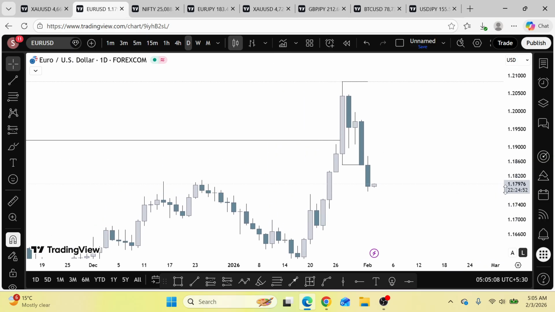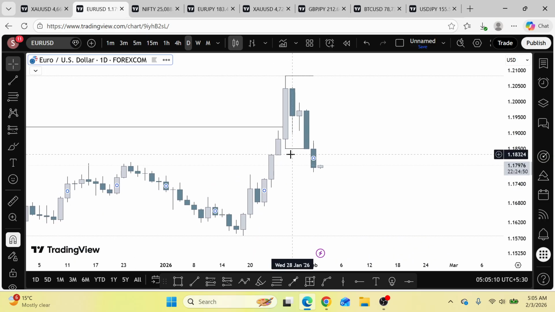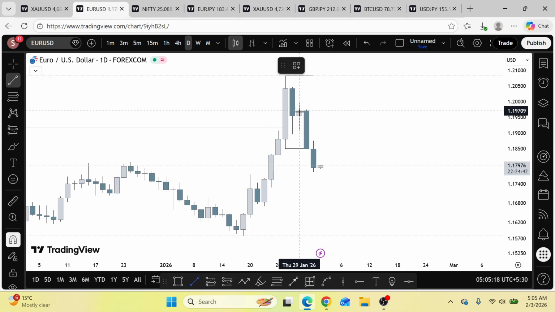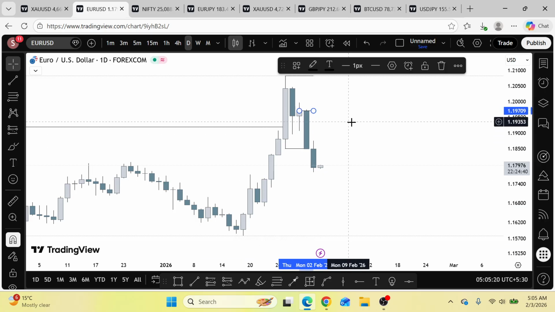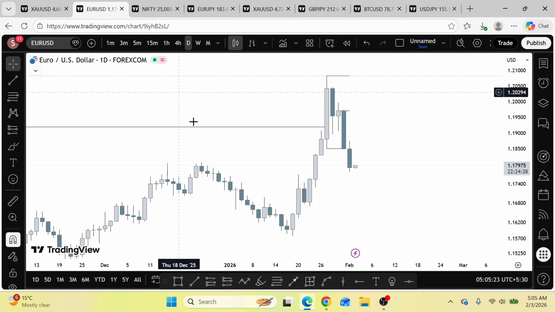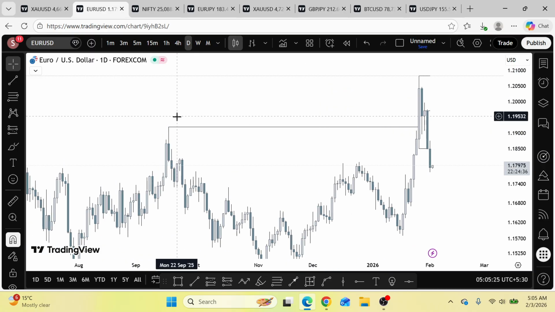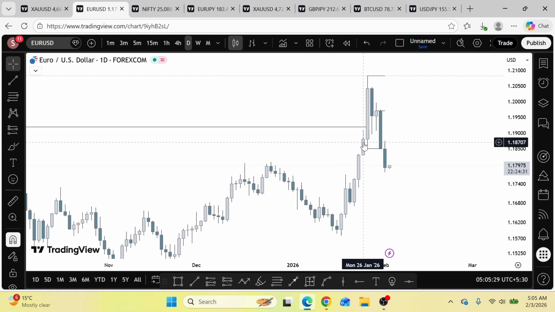On Thursday, you see, we were in the range of this Tuesday low and the Tuesday high. When Thursday's candle closed, the objective of running the monthly high was already completed.